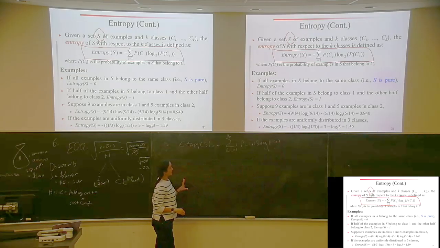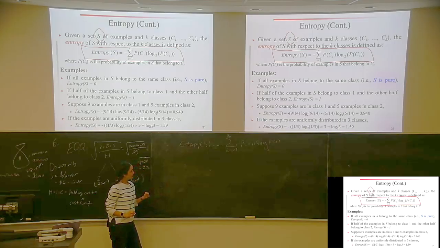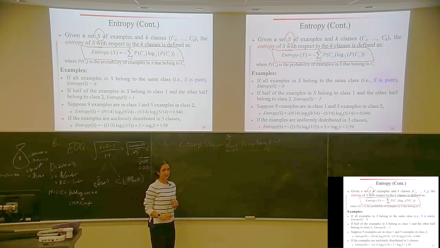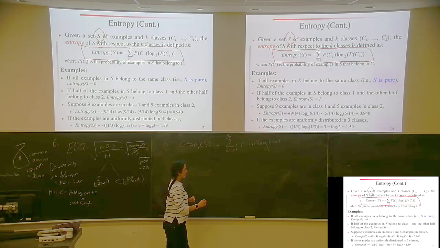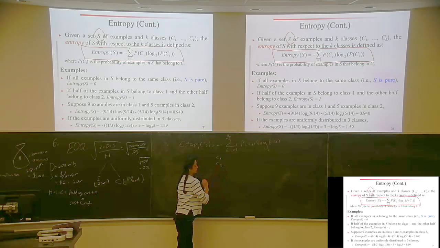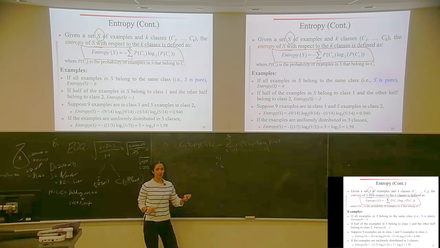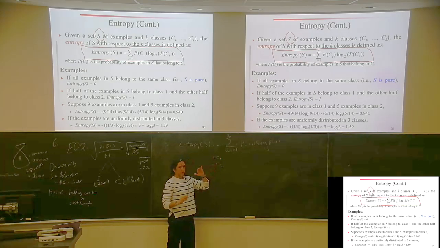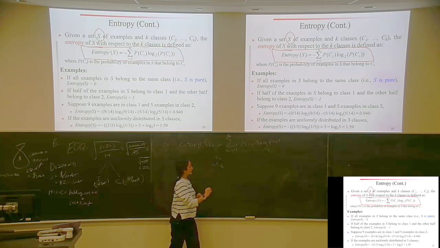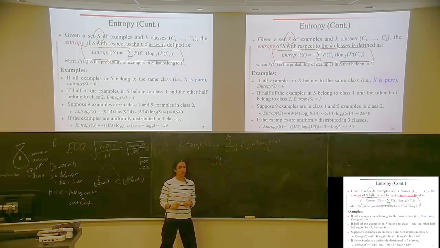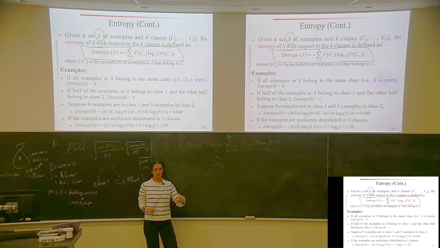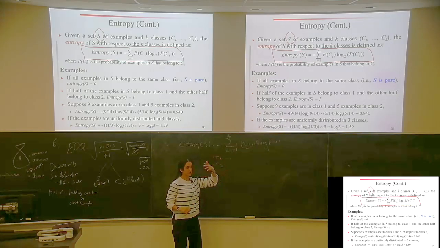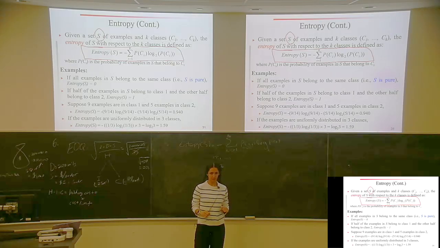So when all instances belong to the same class, let's say you have 2 classes, okay? Class 1, class 2. And we say all examples belong to class 1. Let's say class 1 is, for example, play tennis. This is yes, this is no. And p_i shows the class probabilities, that is probability of class 1, probability of class 2, probability of class i, right?